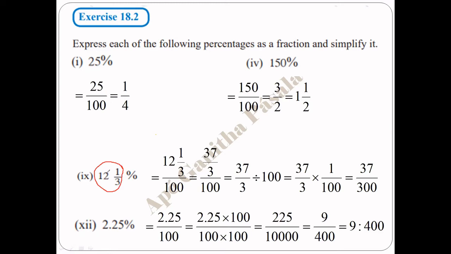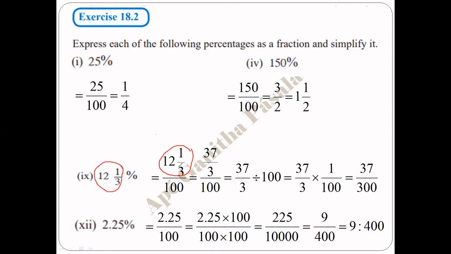So whether there is a mixed number here, you have to write that mixed number as the numerator. So how to write this one? 12 and 1 over 3, over 100. This is the numerator.